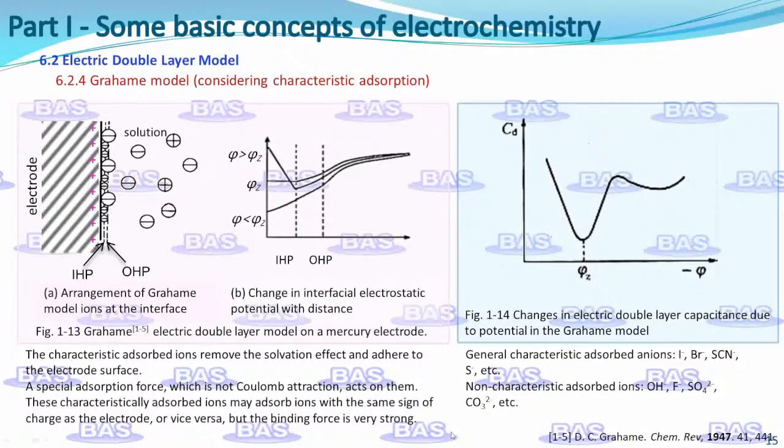In 1947, Grahame proposed the concept of three zones. The difference from the Stern model is that the existence of specific adsorption is considered.